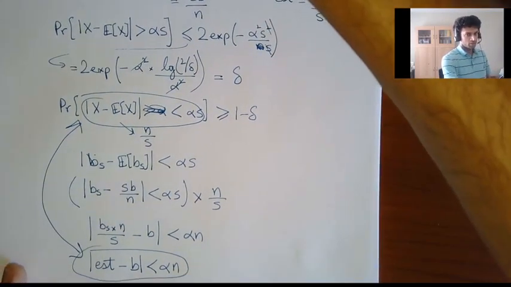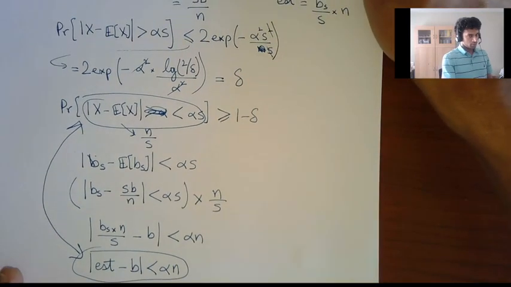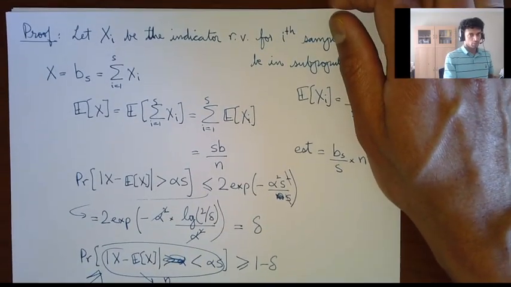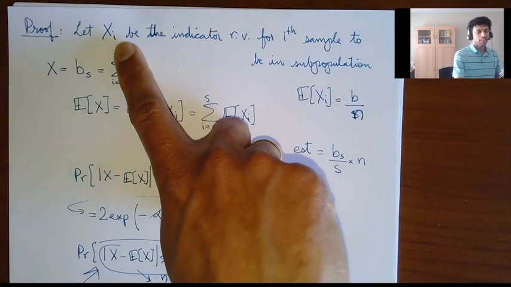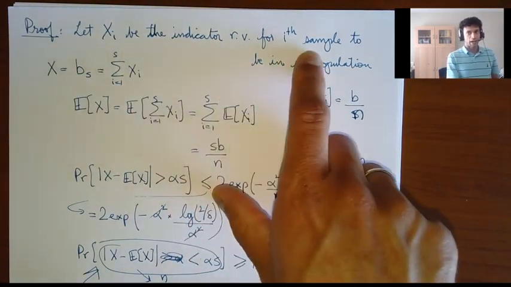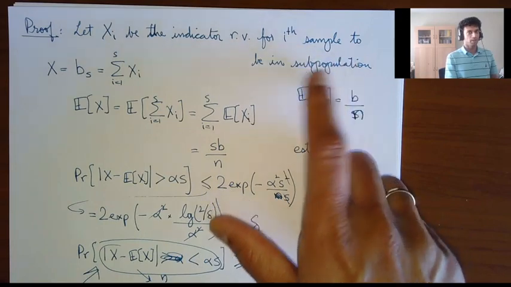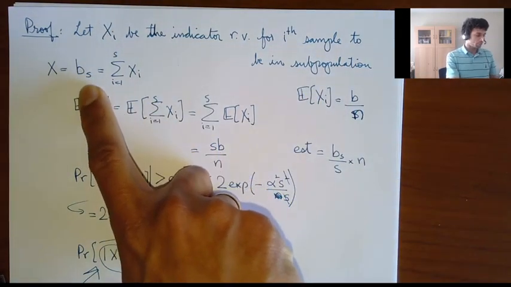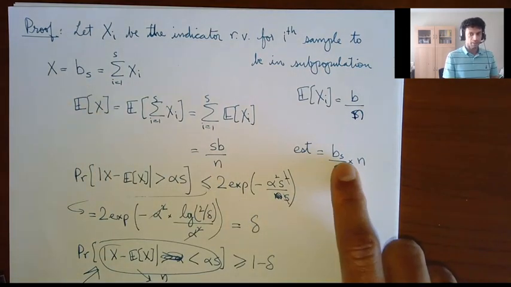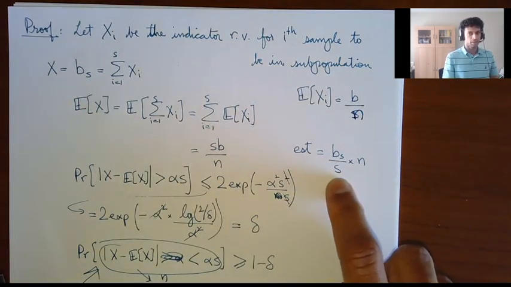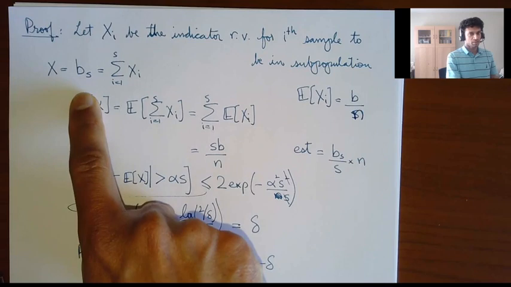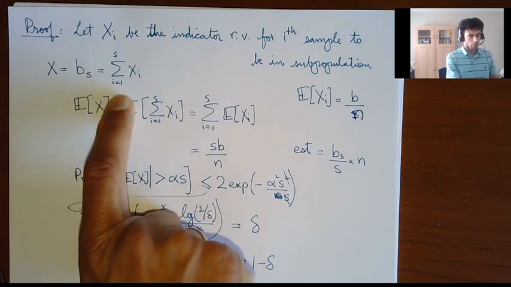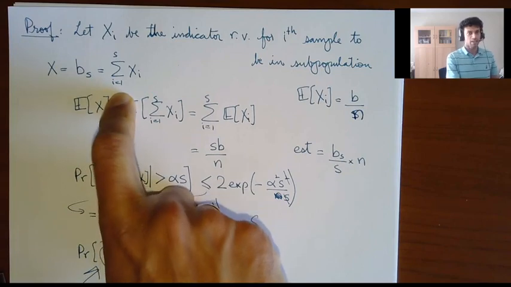So any questions about that? Maybe I'll just restate this. What happened was I took the indicator random variable for the ith sample being in the subpopulation. I know that my estimate is going to be b sub s times n divided by s, where b sub s is just the number of people in the subpopulation, which I wrote as a sum of indicators.